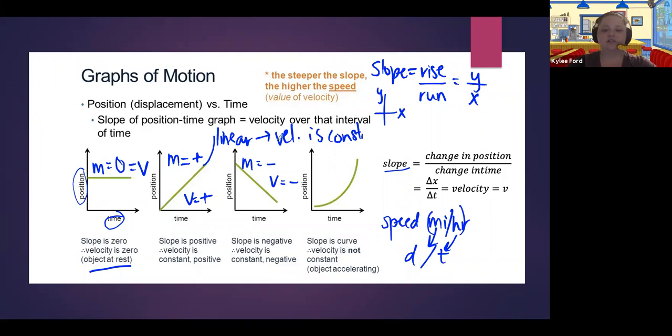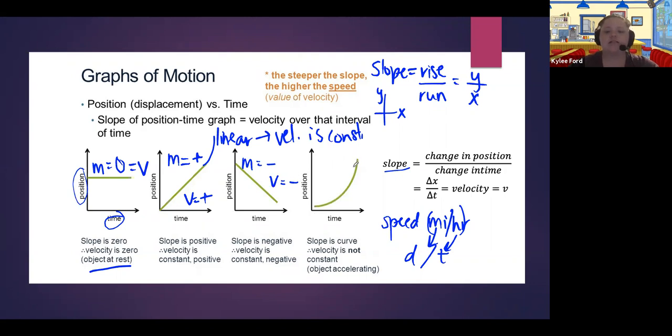All right, so moving on to this very last one. This one has a different kind of curve here. We can't really take the slope of it. At this level, we would need some calculus to do so.